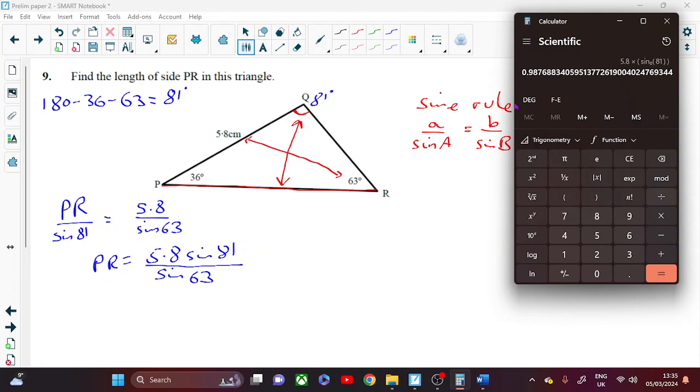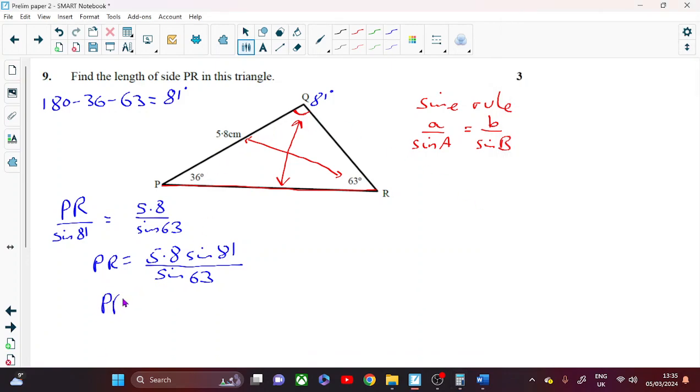And then I am going to hit equals and divide by my sine 63, and I get 6.429, which they've given us to 1 decimal place there, so PR equals 6.4 centimeters.